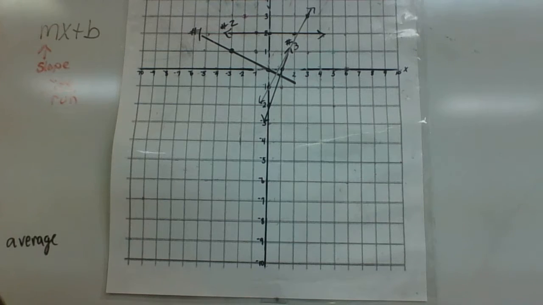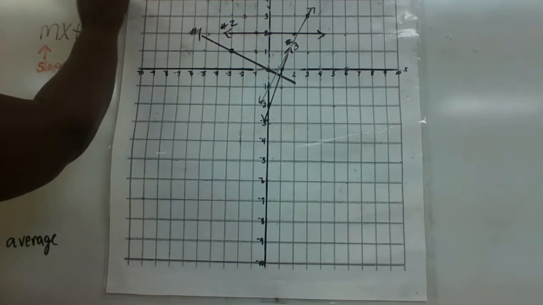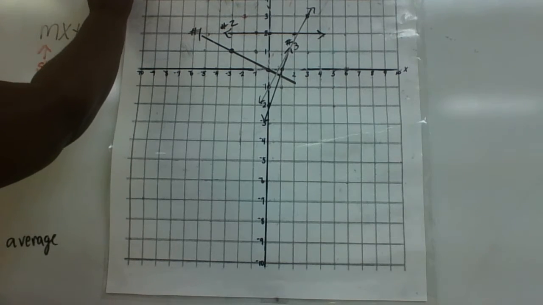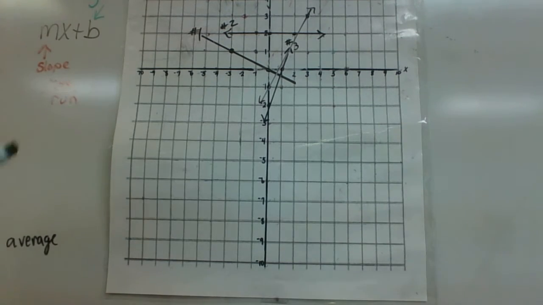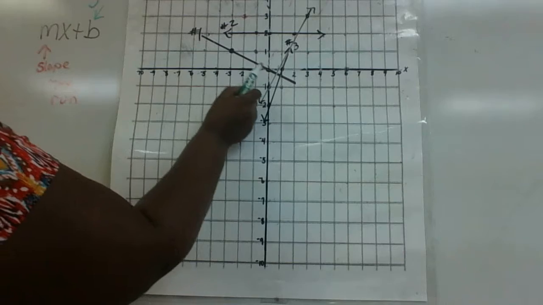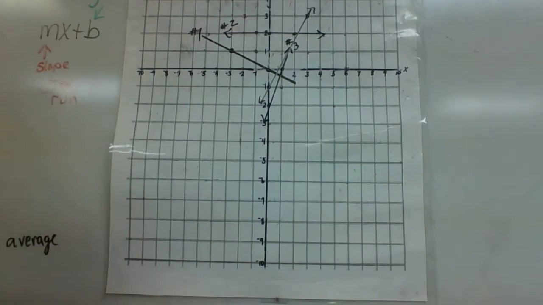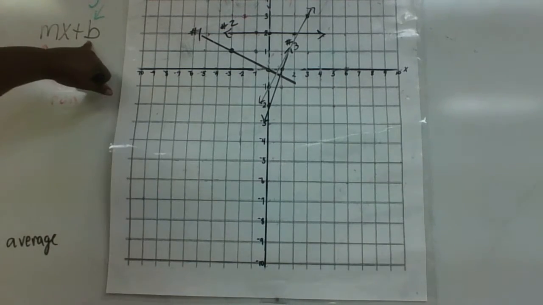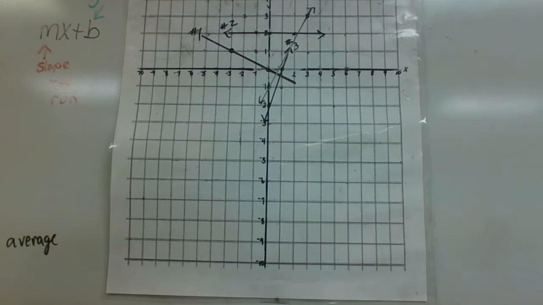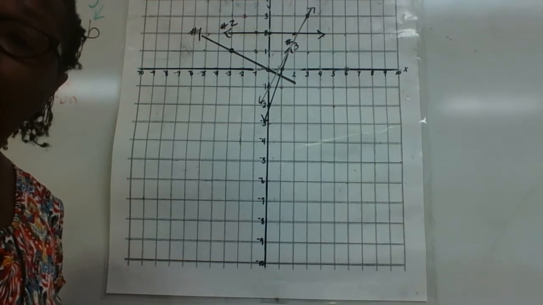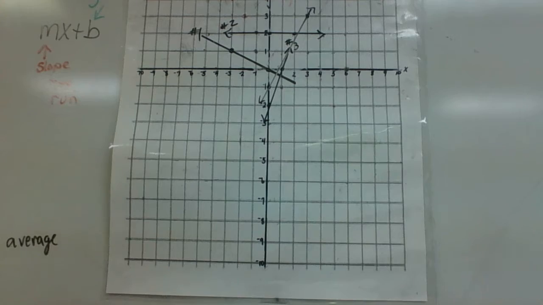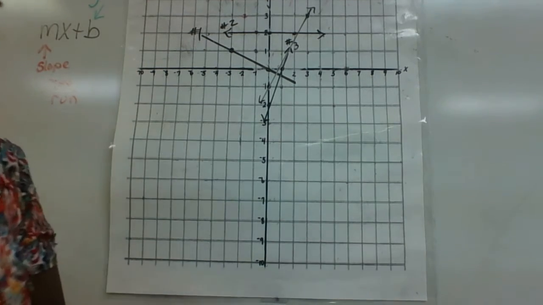And b is our y-intercept. In other words, where does this line come in contact with the y? That's what b is. So once we identify these 2 values, we have enough information for an equation. So let's back it up just a little bit here.